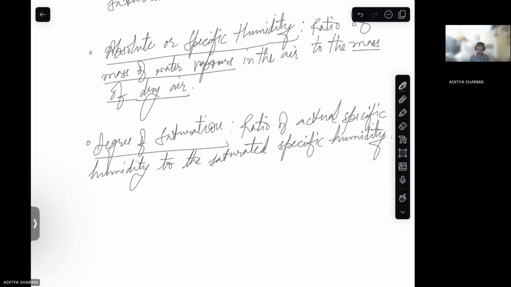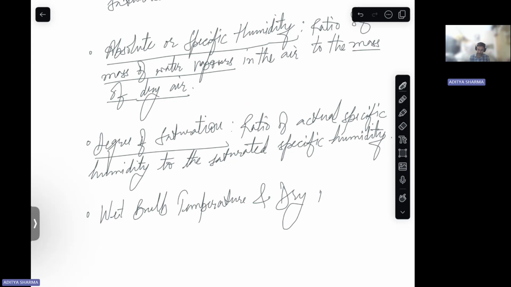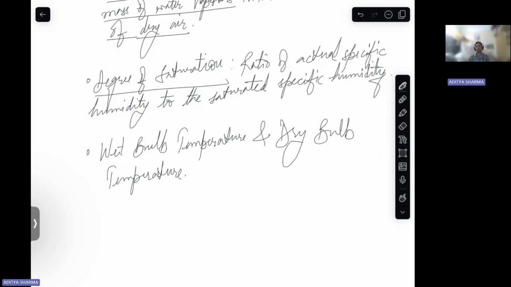Then there is wet bulb temperature and dry bulb temperature. If you measure the temperature of air using a thermometer, that is your dry bulb temperature.